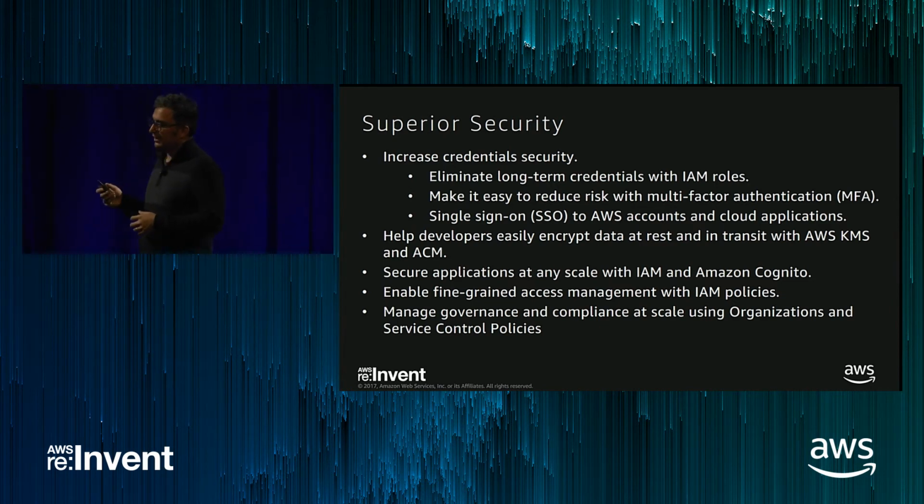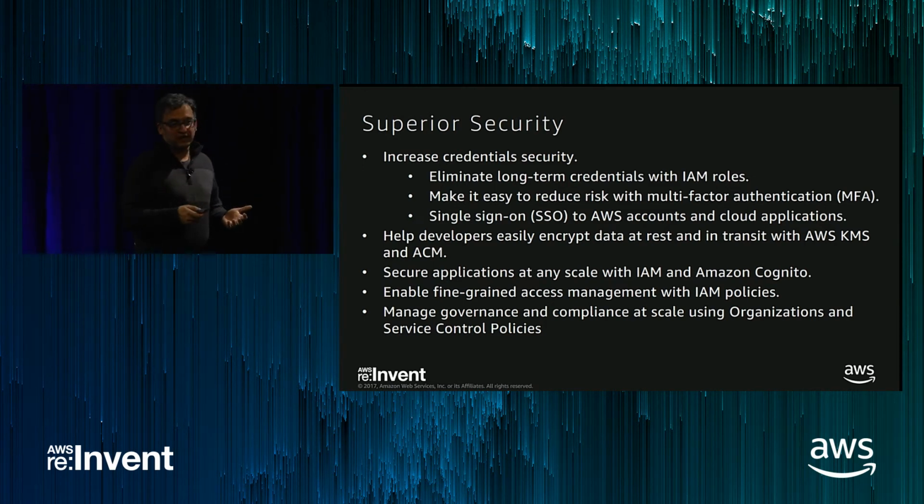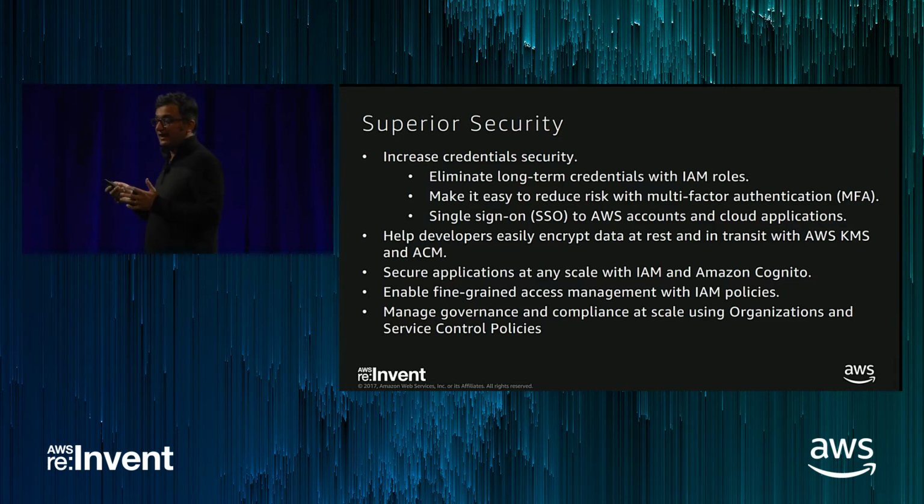With AWS, we took a major step with providing short-term credentials. It was our fundamental goal that you never have to embed credentials for your code. And so if you are doing that today, I highly encourage you to look at IAM roles, which automatically issue short-term credentials to your code running on EC2 instances, Lambda functions, containers.